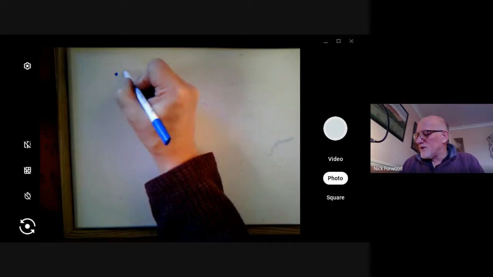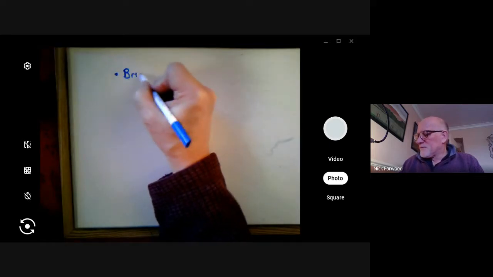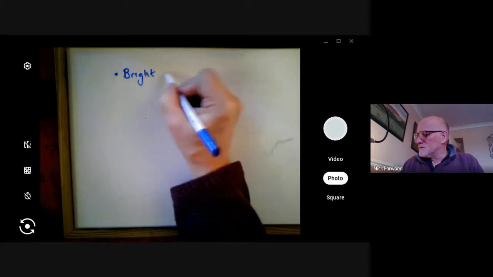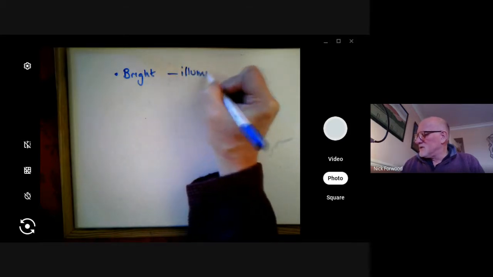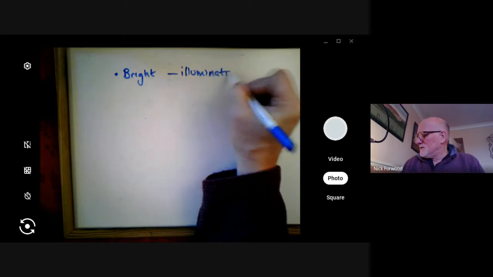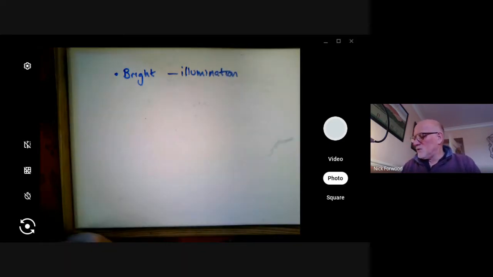I just want to emphasize some good things to do when you post some photos. The photos should be bright. In other words, they should have some correct illumination. What does that mean? That means that you need to have some lighting that shows up the work in your book.